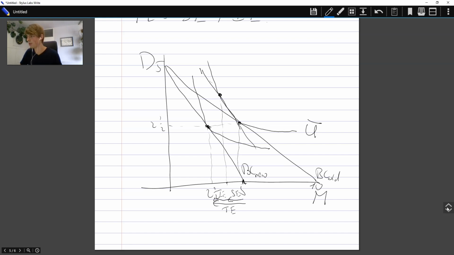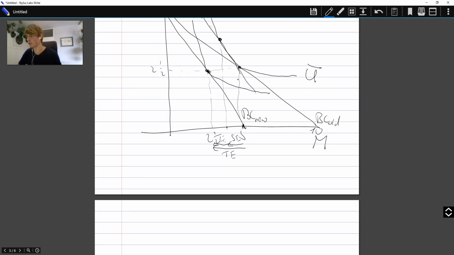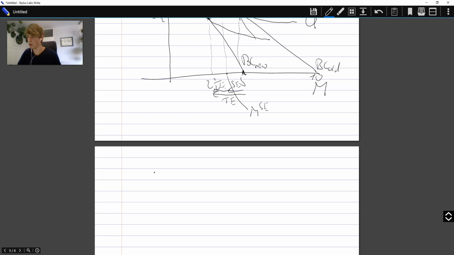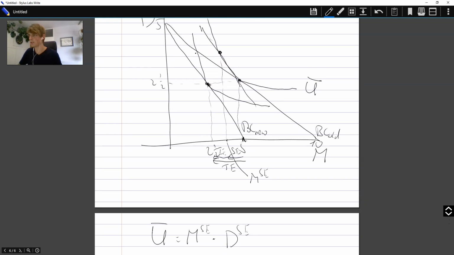So what do we know about that point? Well, utility is the same as before. Okay, so basically, let's call this point MSE. Okay, so we know this, right? If this equals DSE.